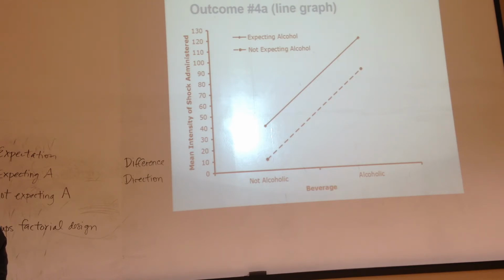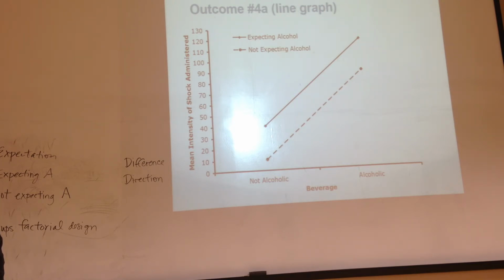These lines have a clear slope. And can you describe that main effect for me? People who got an alcoholic beverage shocked more than people who got a non-alcoholic beverage. That's that main effect.